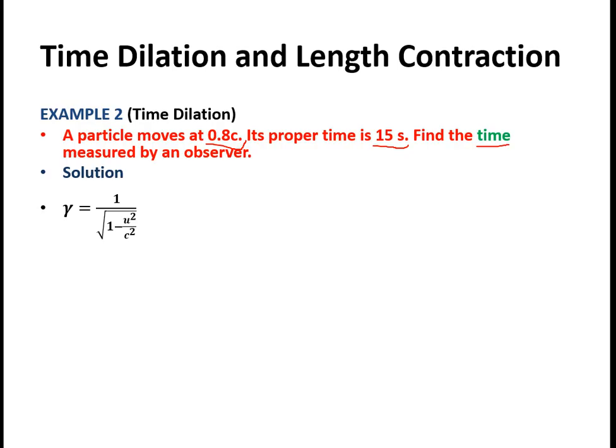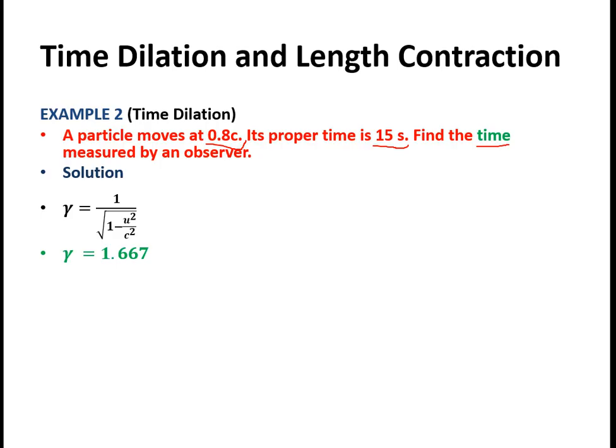This is the equation of the Lorentz factor. In place of u, we are going to put 0.8 c, and then we simplify. When you do that, you will get 1.667. The Lorentz factor does not have an SI unit because it is a ratio, so the units will cancel out.